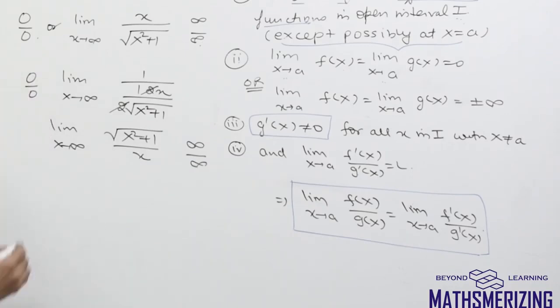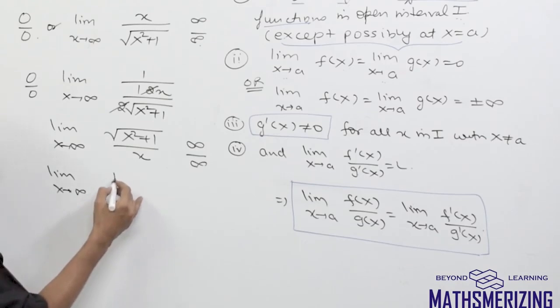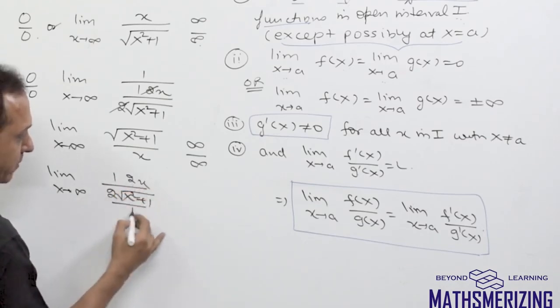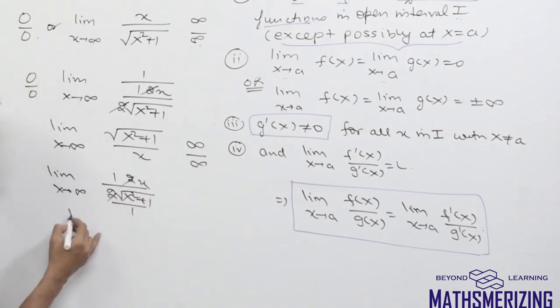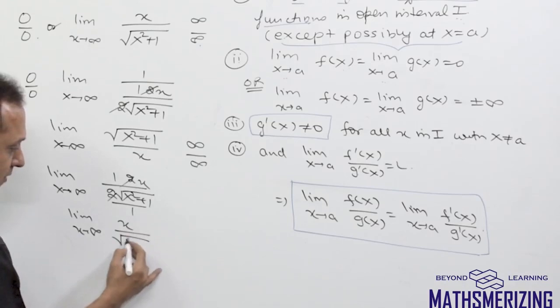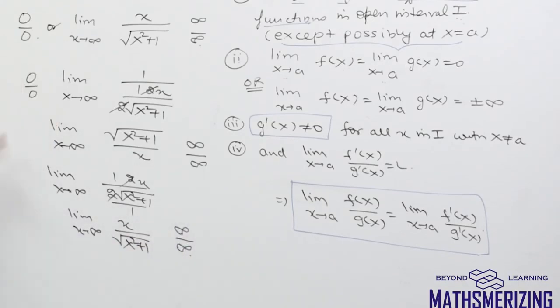If I differentiate it again, I'll get limit x tends to infinity 1 upon twice under root x square plus 1 into 2x upon 1, which is limit x tends to infinity x upon under root of x square plus 1, which again is infinity upon infinity form. So if we keep using L'Hopital's rule, we'll go in the same loop.